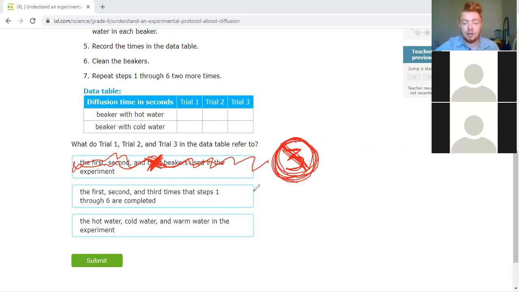Which one of these talks about 3 things that we know we don't have? Oh, the last one? Yeah. We have hot water and cold water. It never says we have warm water. So there's no way it's this one. So Chantel, it is the second one.